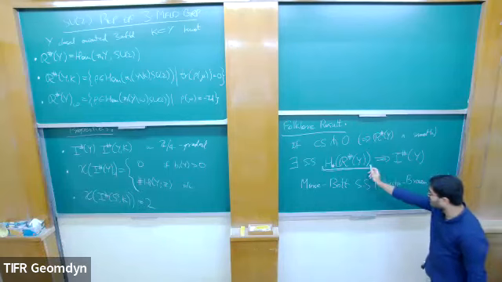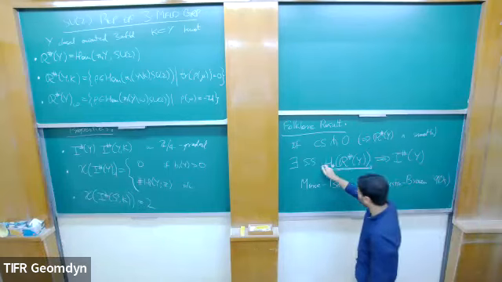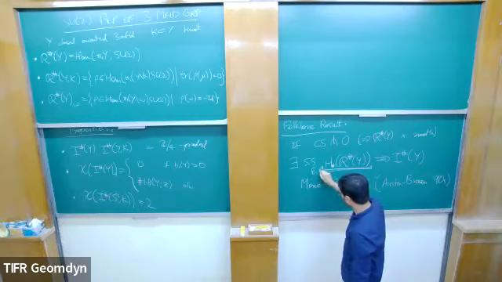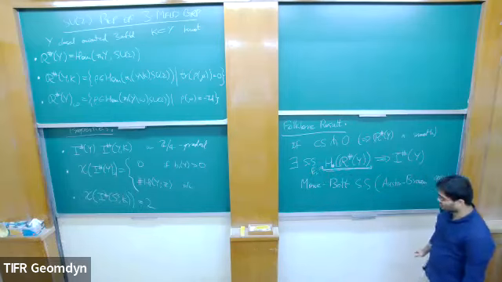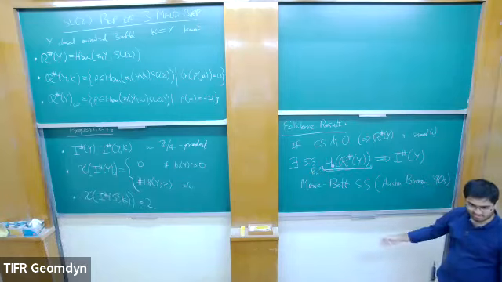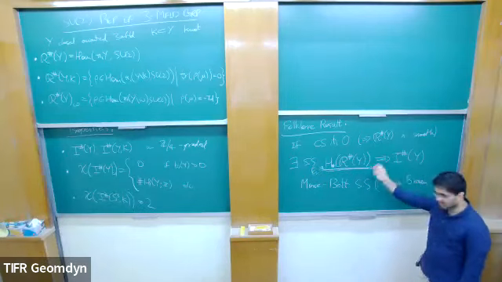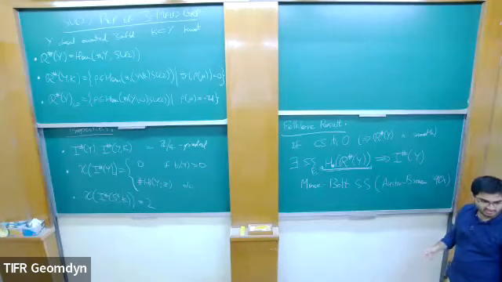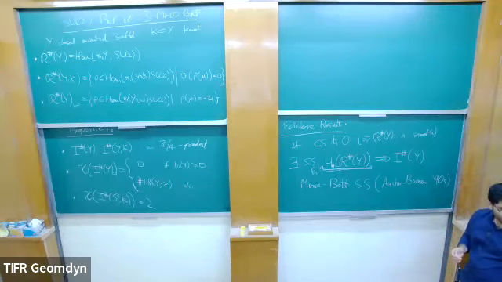So this is the E2 page, and the E1 page is going to be free and finitely generated Z modules, and so is the end result, and it abuts at a finite stage.